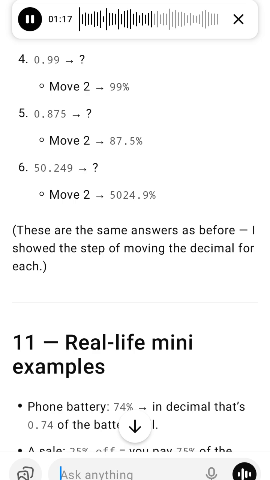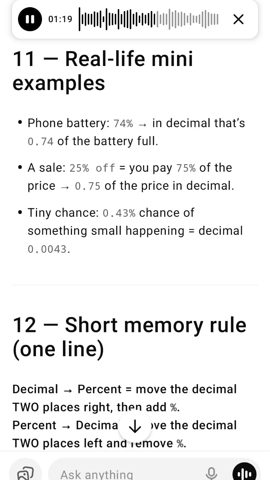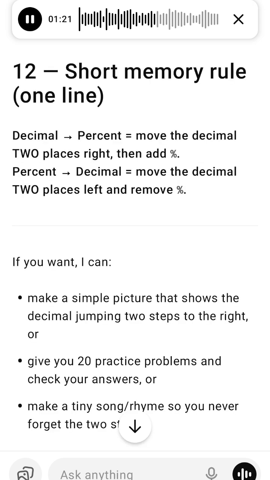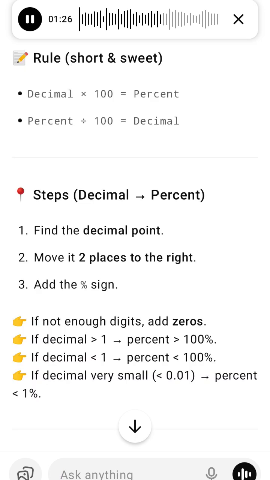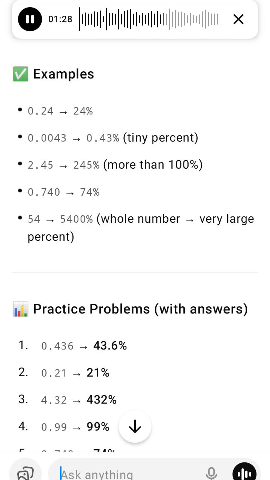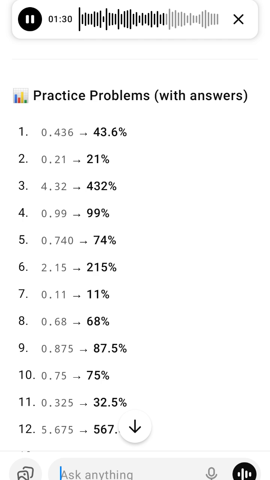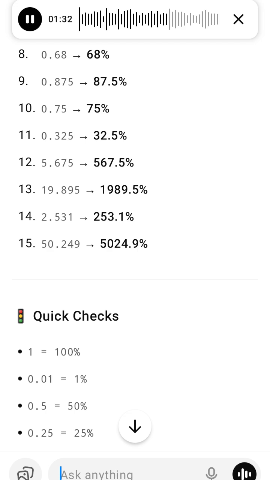Practice problems with answers. 1. 0.436 is 43.6%. 2. 0.21 is 21%. 3. 4.32 is 432%. 4. 0.99 is 99%. 5. 0.740 is 74%. 6. 2.15 is 215%. 7. 0.11 is 11%. 8. 0.68 is 68%. 9. 0.875 is 87.5%.